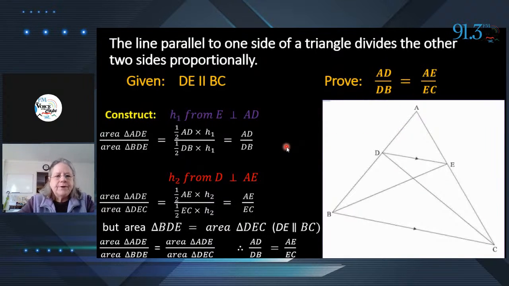So to do the proof, and we've seen on the previous slide how I simplified it, I'm just going to do it all in one now. So we will draw H1 from E to AD, and it is perpendicular, exactly like my previous slide.